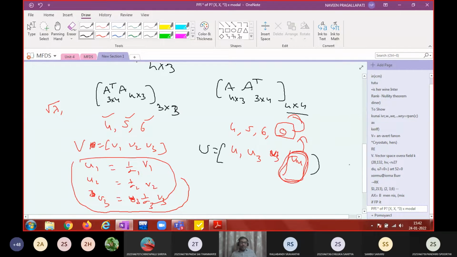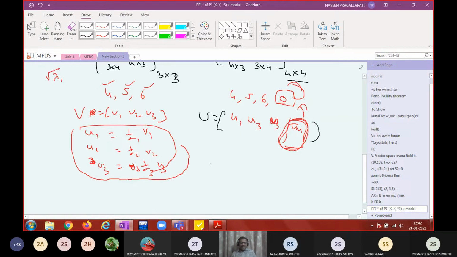So once you have U and V, what is S? S is nothing but sigma 1, sigma 2, and so on. You put them as diagonal elements and fill the remaining elements with 0, so that this matrix is going to form an m by n matrix.